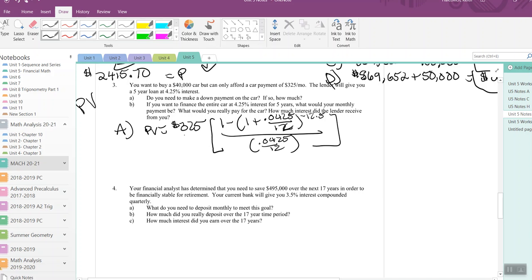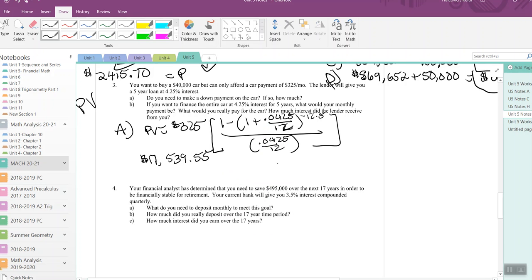When you type this in your calculator, you get $17,539.55. So that's how much the loan would be if you paid $325 a month, but the car costs $40,000.